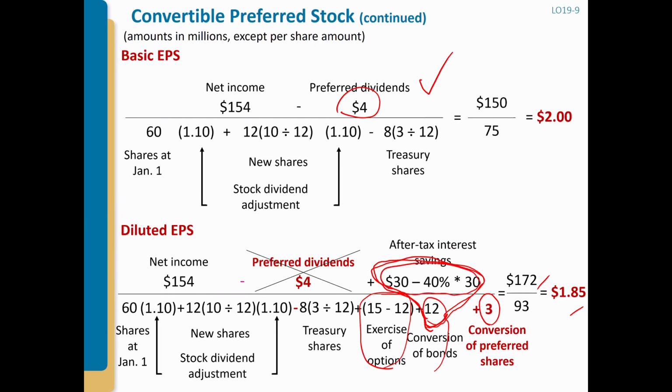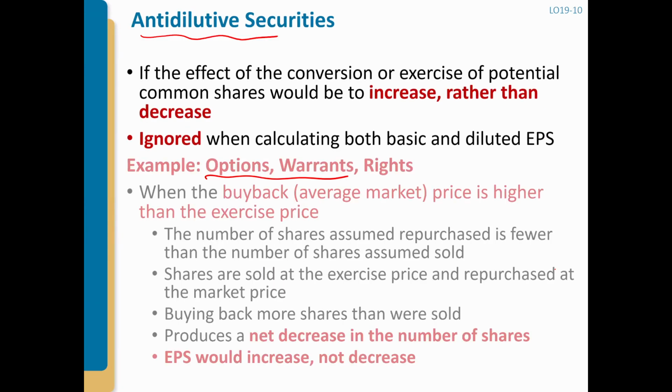So you don't know if the total calculation is going to be higher than $2 or lower than $2, so you have to really calculate. If this $1.85 is higher than $2, then that will be anti-dilutive.